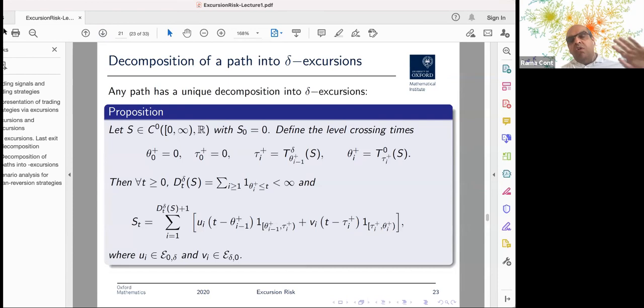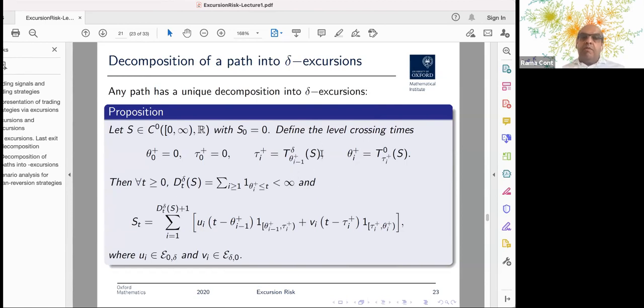But again, all of these results hold for càdlàg paths, with heavier notation and more indices. So any path has a unique decomposition into delta excursions. If I take any continuous function starting from 0, though it doesn't need to start from 0, or I can just take away the first part, then it has a unique decomposition into delta excursions, which is explicit.